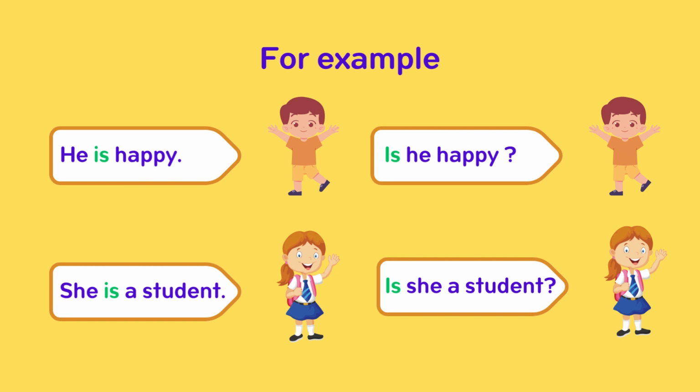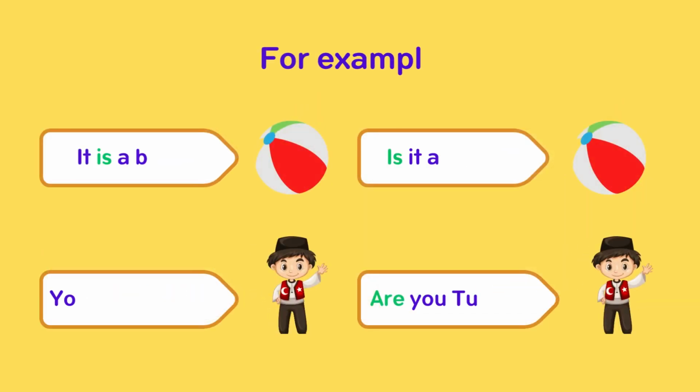So I would bring forward my be verb and it goes like this. Is she a student? It is a ball. So I'll again bring forward my be verb and it would go like this. Is it a ball?